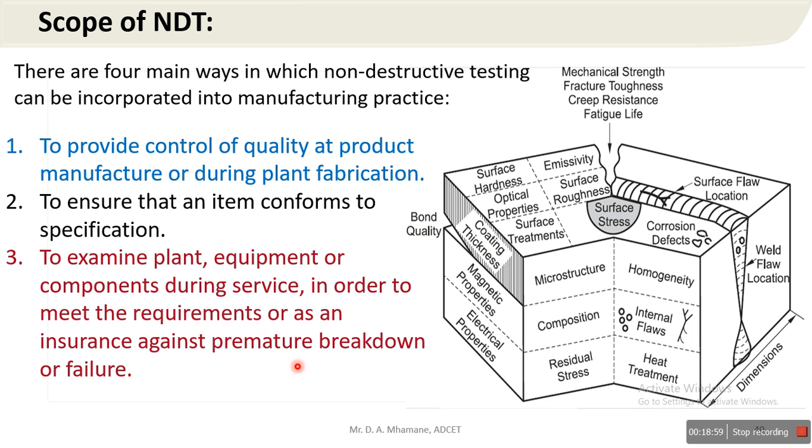Means suppose there is a breakdown in the equipment itself in the production line, then that component can be inspected with the help of NDT methods, and then we conclude which cause it may have happened due to. Means cause and effect.